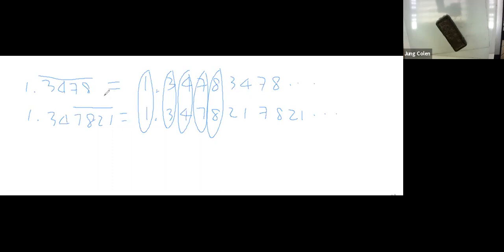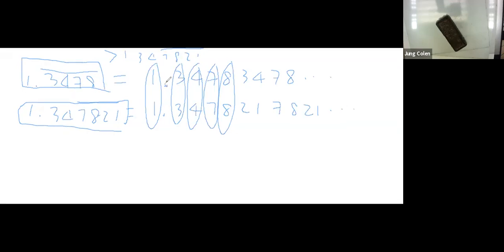So we can say this is greater than 1.347821. So I don't think it's very hard, right? Extend it and compare from left to right. Make sure you match the decimal points so you can easily compare.